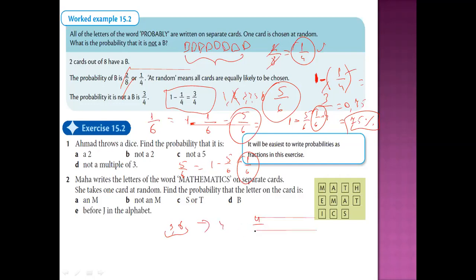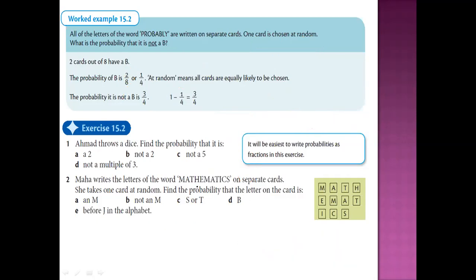That's why 4 over 6 is equal to 2 over 3, and 1 minus 2 over 3 is equal to 3 times 1 is 3, 3 minus 2 is 1 over 3. Okay.